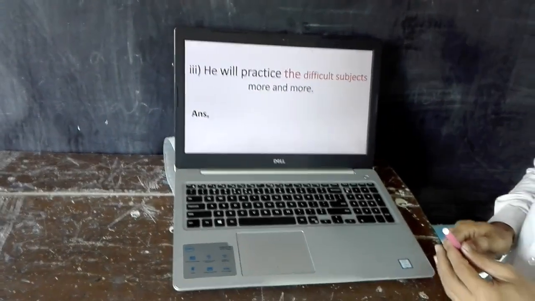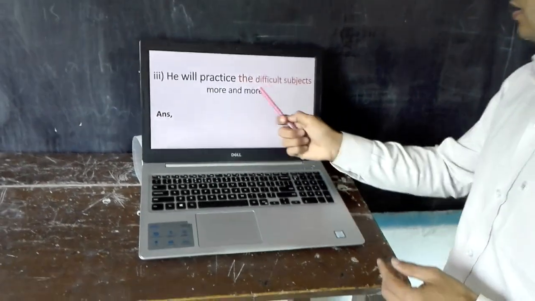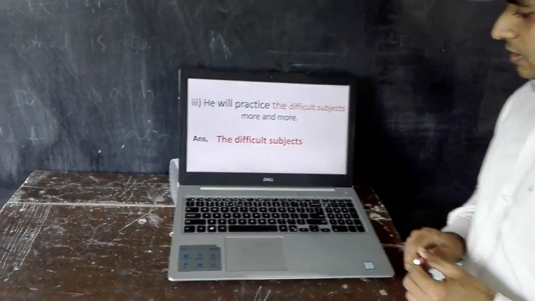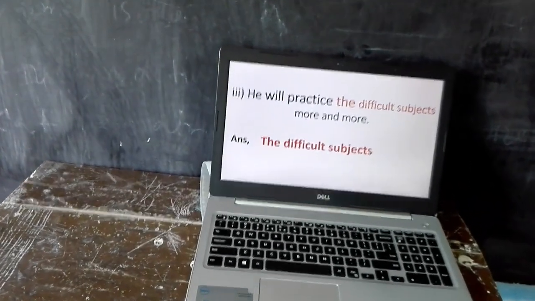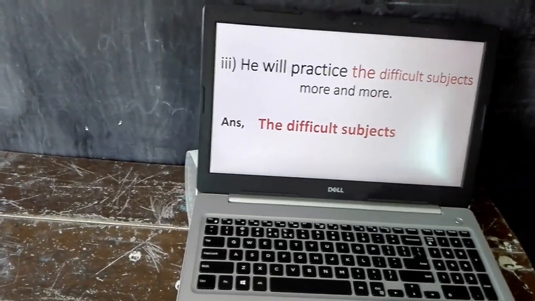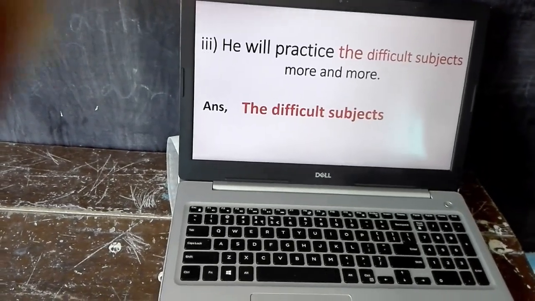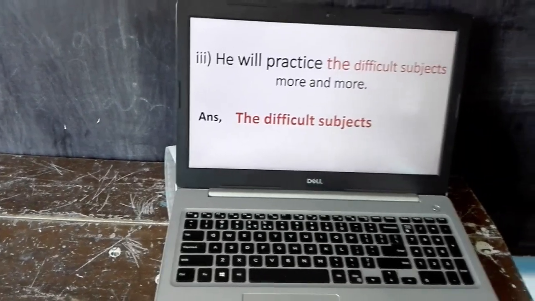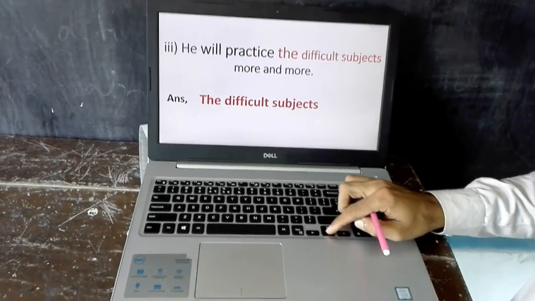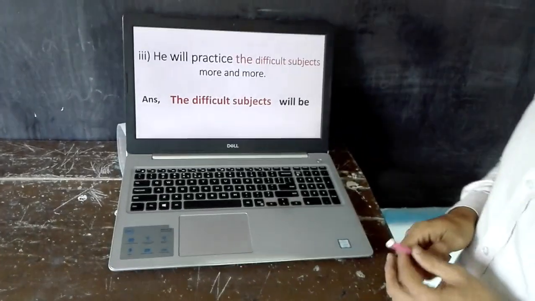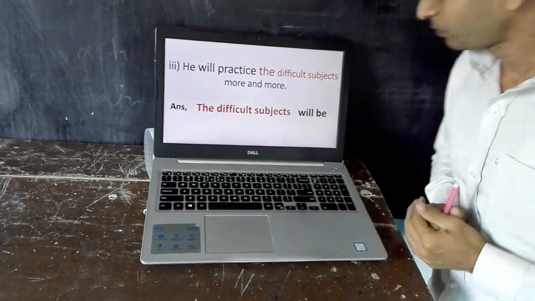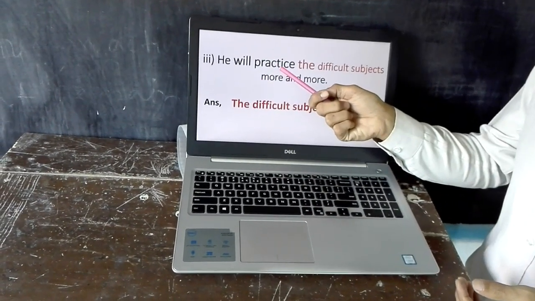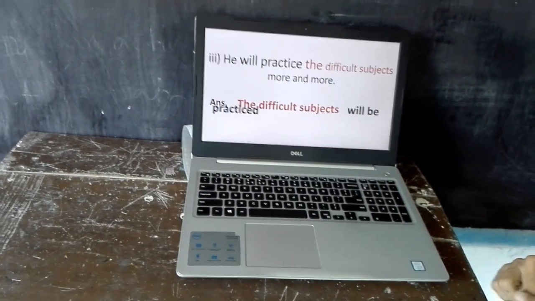So, like before, let's write the difficult subjects at the place of subject. And this time we will write the auxiliary verb according to tense. And for future indefinite tense, we use shall be or will be, but here we will write will be. Okay. Now this time we should write the past participle form of the principal verb. Practice, practiced, practiced.